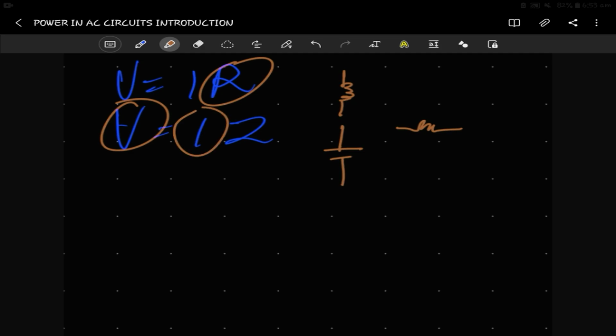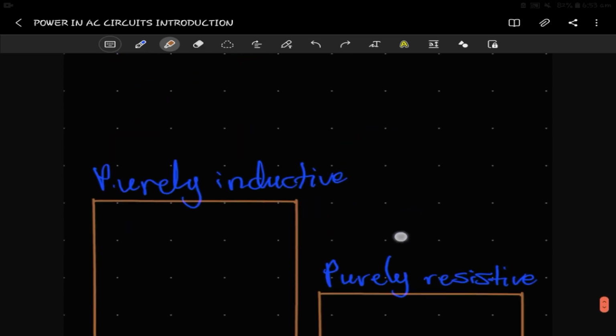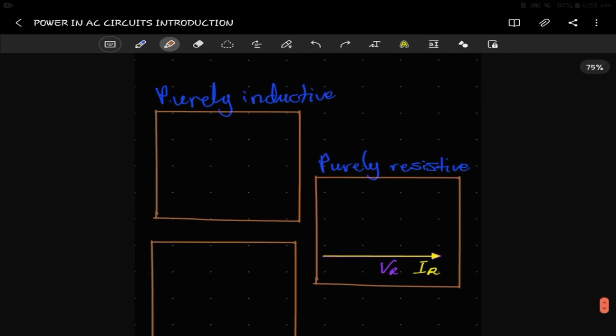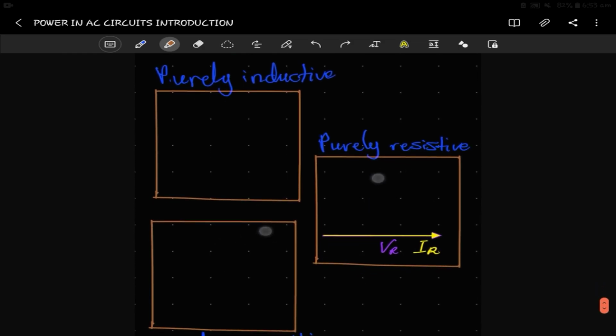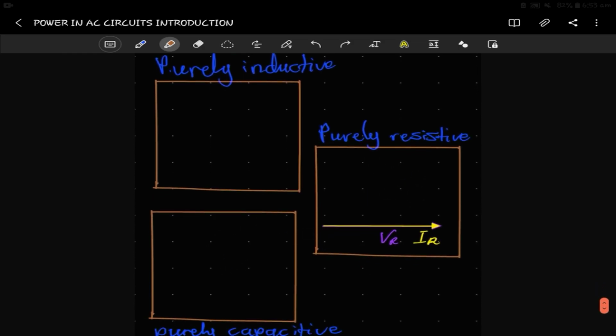And we said that when these sinusoidal voltage and current quantities are flowing through this passive element, there's a particular behavior, right? So if you have a circuit that is purely resistive, meaning that the circuit has only a resistor, what it means is that the voltage and the current are in phase.